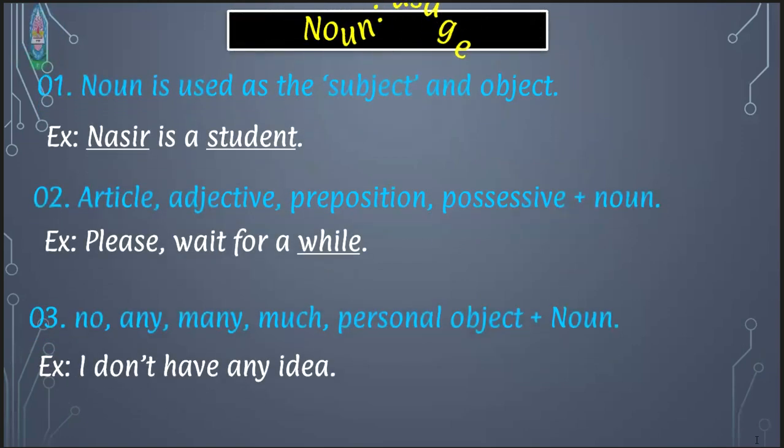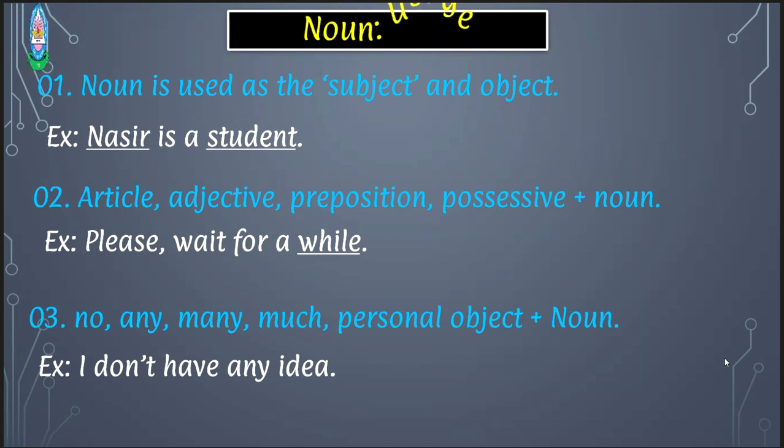The most important part of it is the usage of noun. So how can the noun be used? A noun is used as the subject and object. As we find here, Nasir is a student. Here, Nasir is the subject and the student is the object.